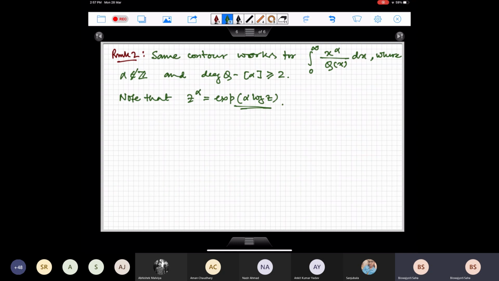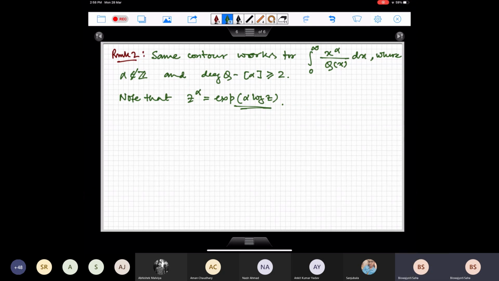Now here you can observe that I really do not need to introduce the logarithm anymore, because in taking z to the power alpha, I am already having the logarithm in my picture.